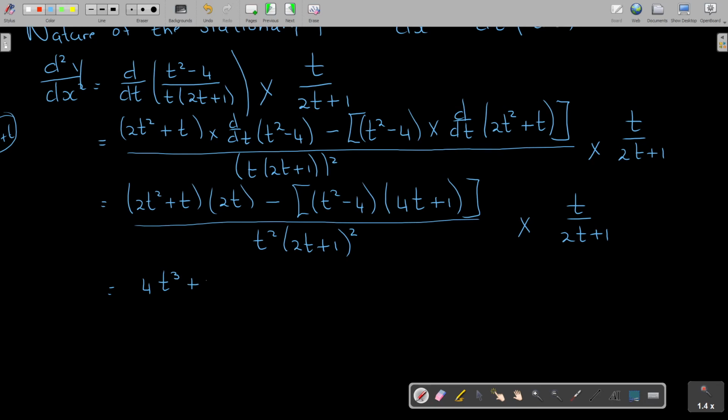4t cubed plus 2t squared. Okay, that is going to be. If I multiply out this, so minus, and I could have already, but let's just get, this is 4t to the power of 3 plus t squared minus 16t minus 4. Okay.